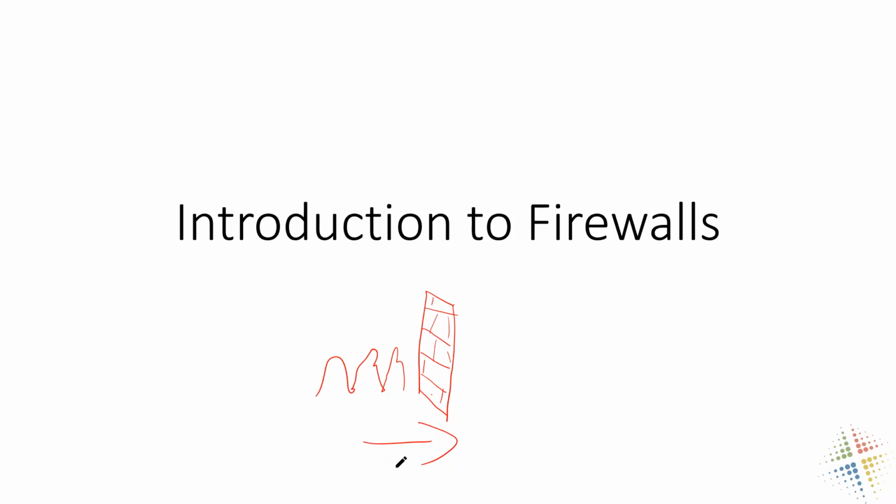The same idea happens in computer security: we want to set up a firewall, or some way to block malicious traffic from accessing the secure side of our environment. Firewalls are based off of what's called the 5 tuples.